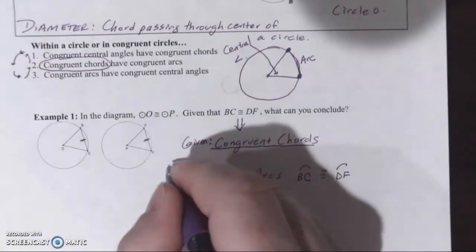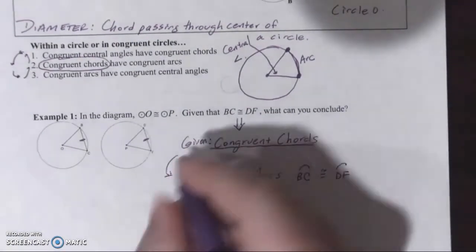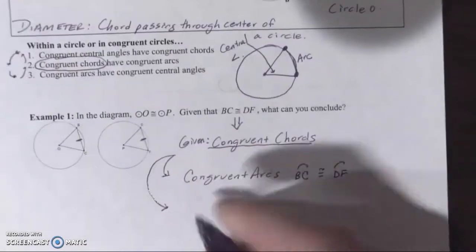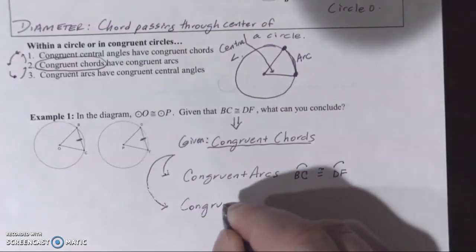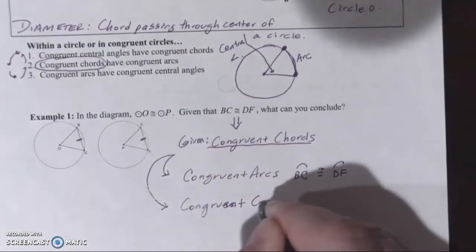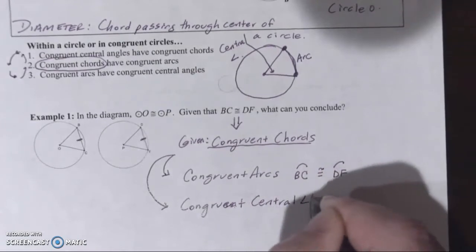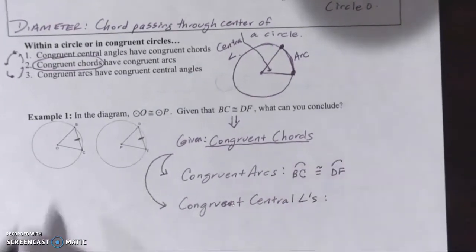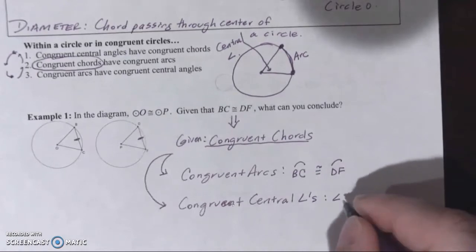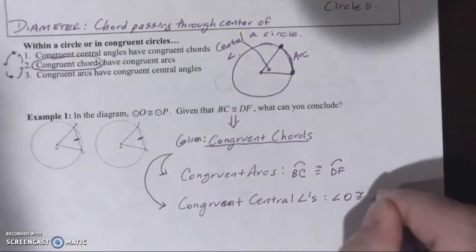From congruent chords, that leads us to congruent arcs, and it also should lead us to congruent central angles. In this specific example, it would be angle O congruent to angle P.